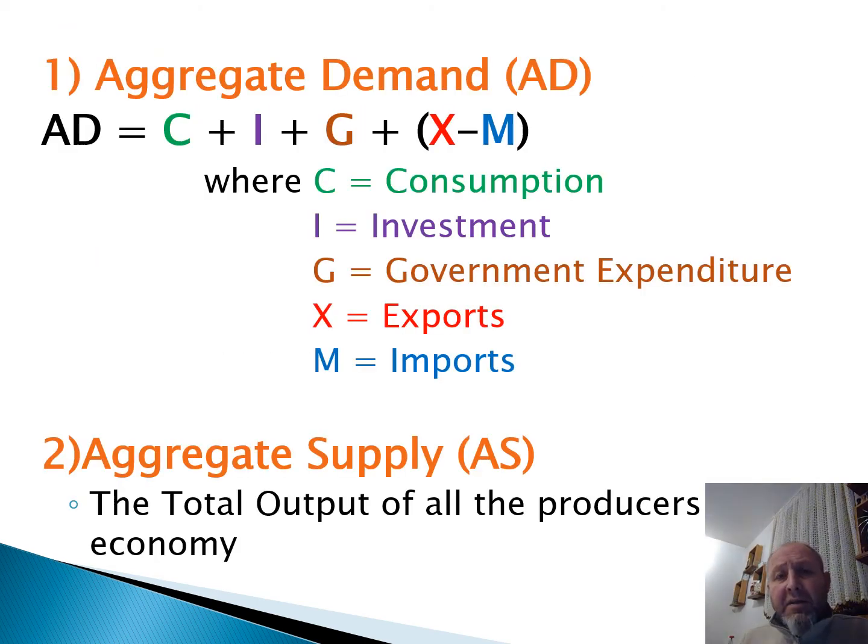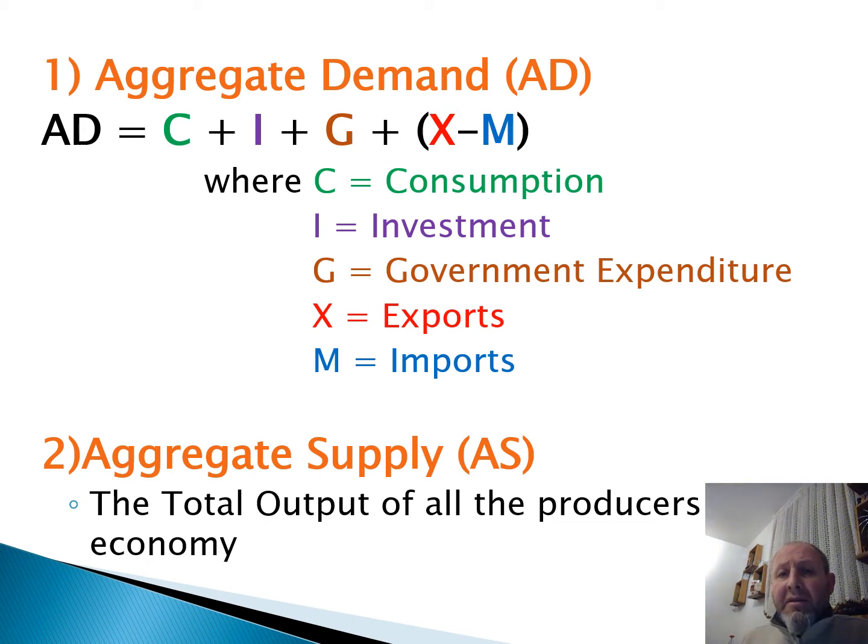I find this particular formula very useful because aggregate demand, when it cuts aggregate supply, it actually gives me the total output or GDP of a country. Now, AD equals C plus I plus G plus X minus M. The C is for consumption.